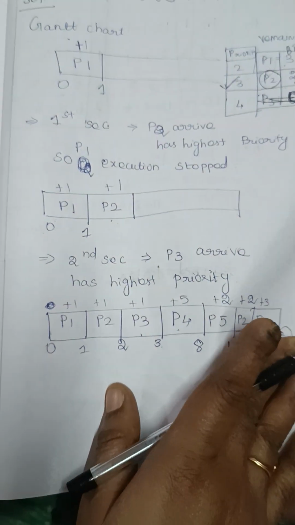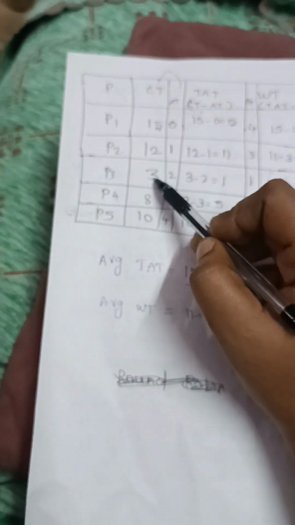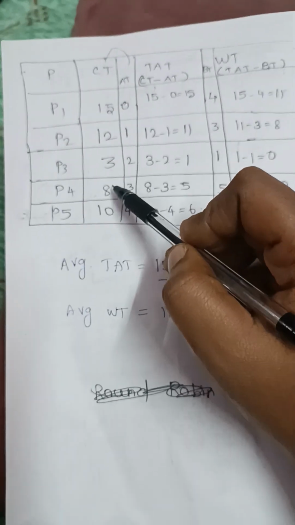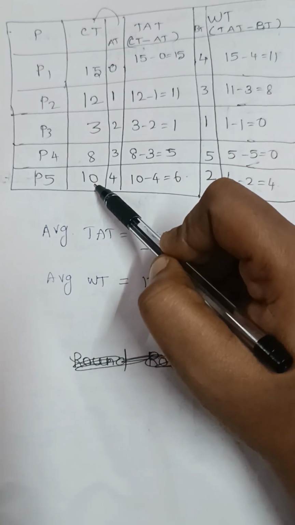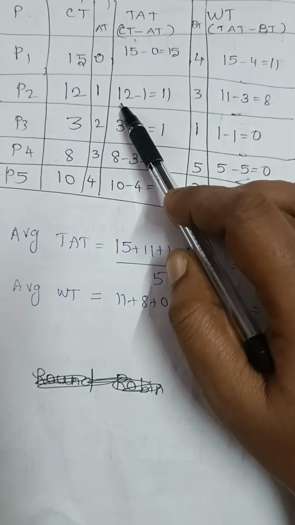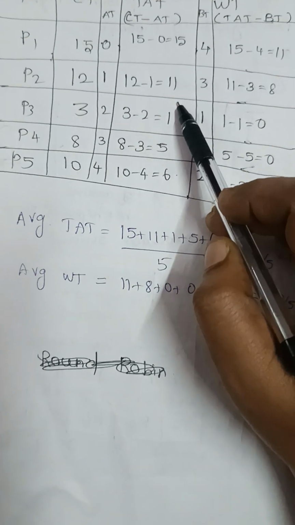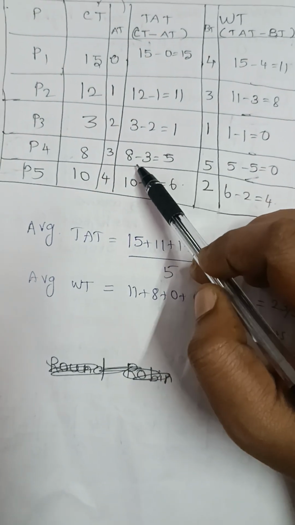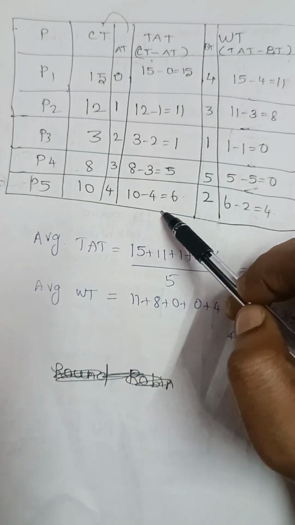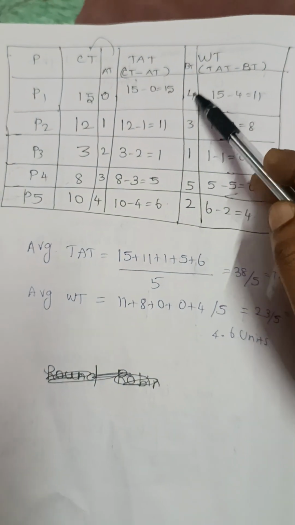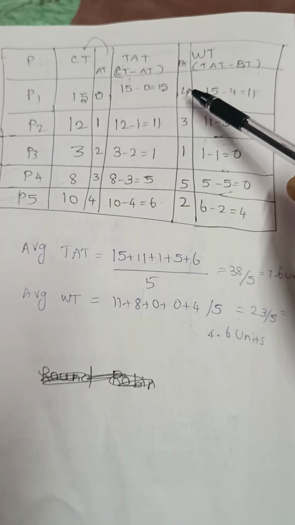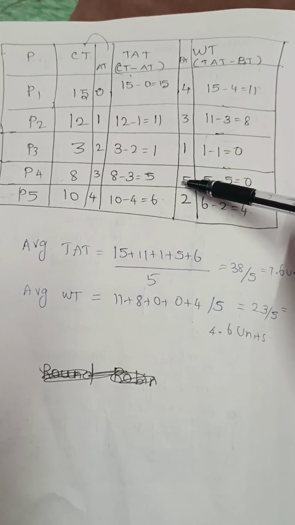So P1 is 15, P2 is 12, P3 is 3, P4 is 8, P5 is 10. So turnaround time for P2 is 12 minus 1, 11; 3 minus 2, 1; 8 minus 3 equals 5; 10 minus 4 equals 6. Then burst time, copied from the problem: 4, 3, 1, 5, 2.